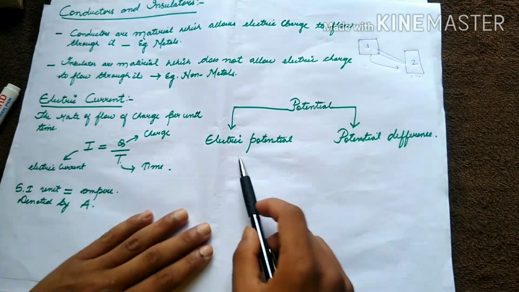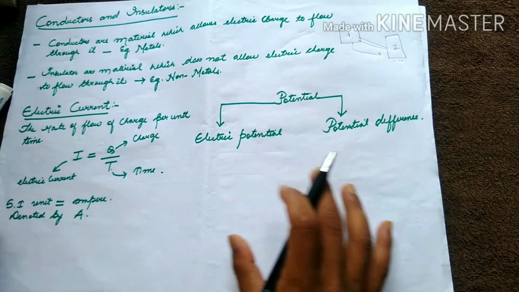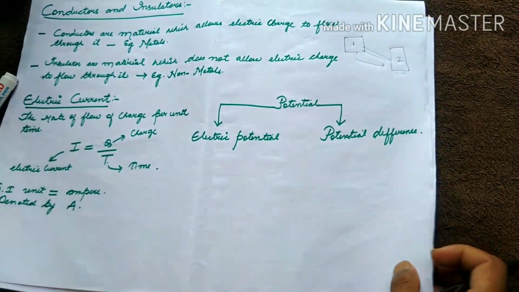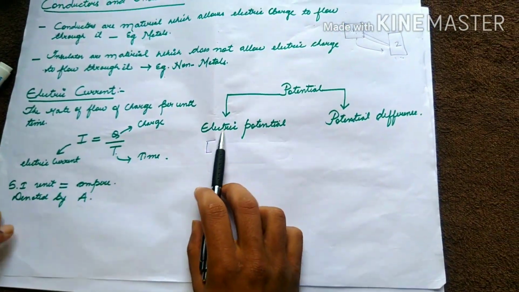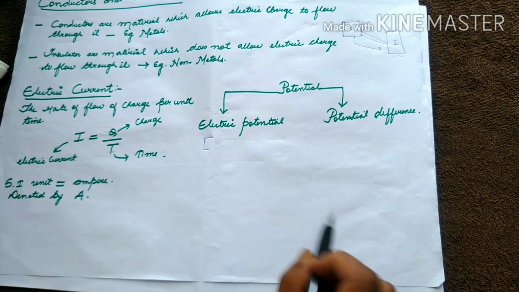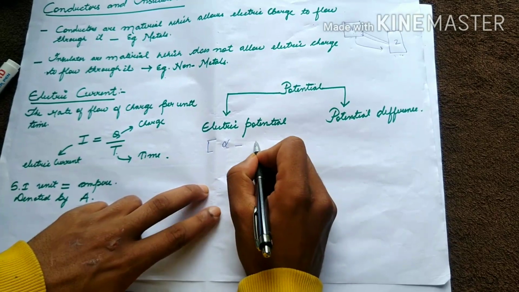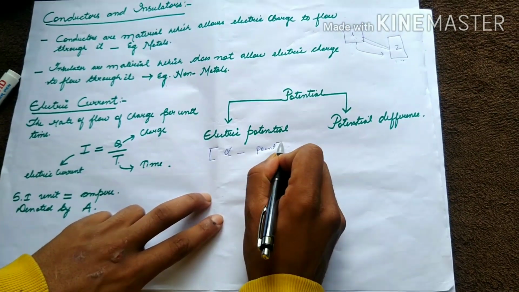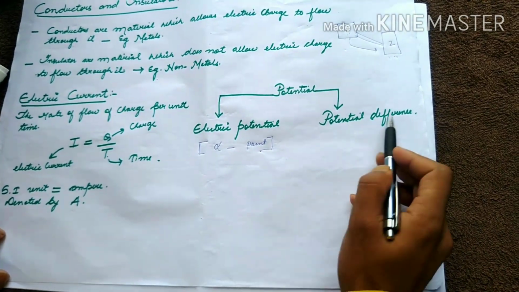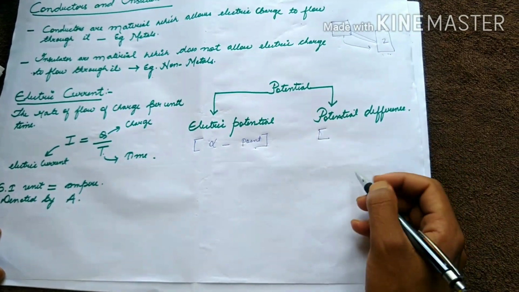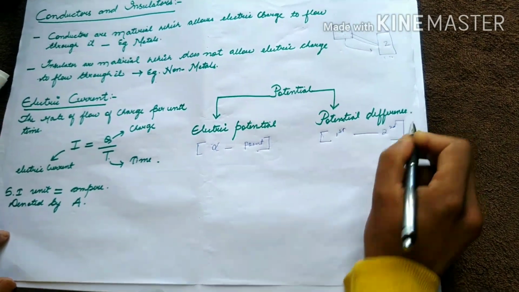Under potential we have two things: electric potential and potential difference. Both are actually the same, but I will try to make it easier. The definition of electric potential is the work done in bringing a unit positive charge from infinity to a given point, whereas potential difference is the work done in bringing a charge from the first point to the second point.